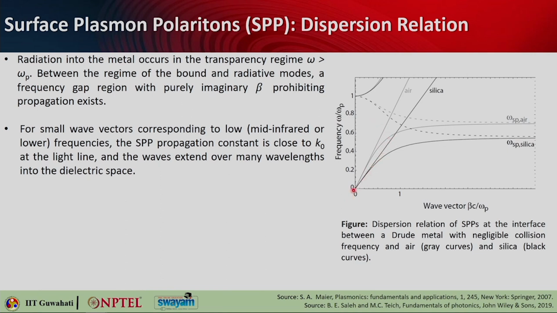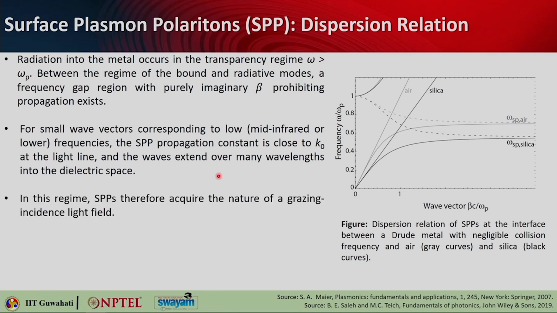You see here the curve and the straight lines are almost overlapping, okay, and the waves extend over many wavelengths into the dielectric space, okay. In this regime, SPPs therefore acquire the nature of a grazing incidence light field, okay.